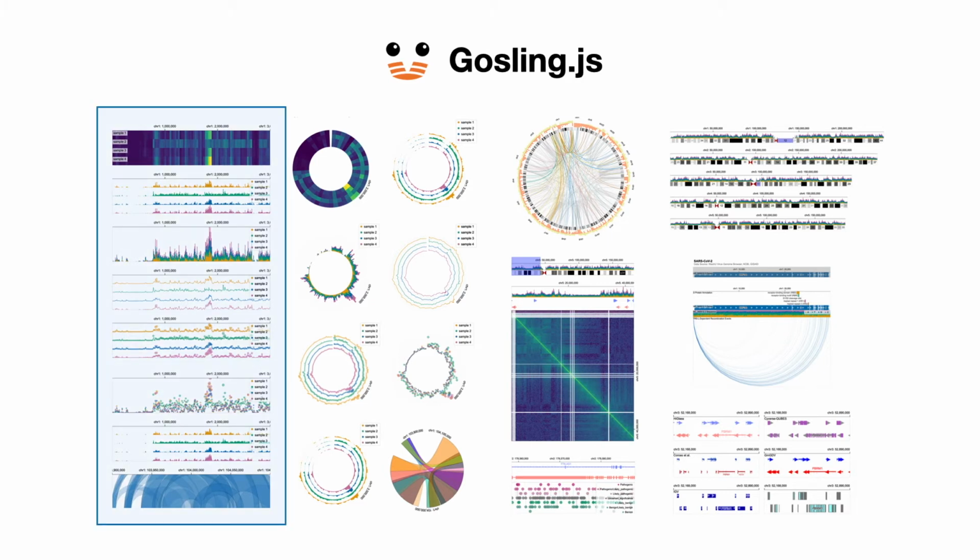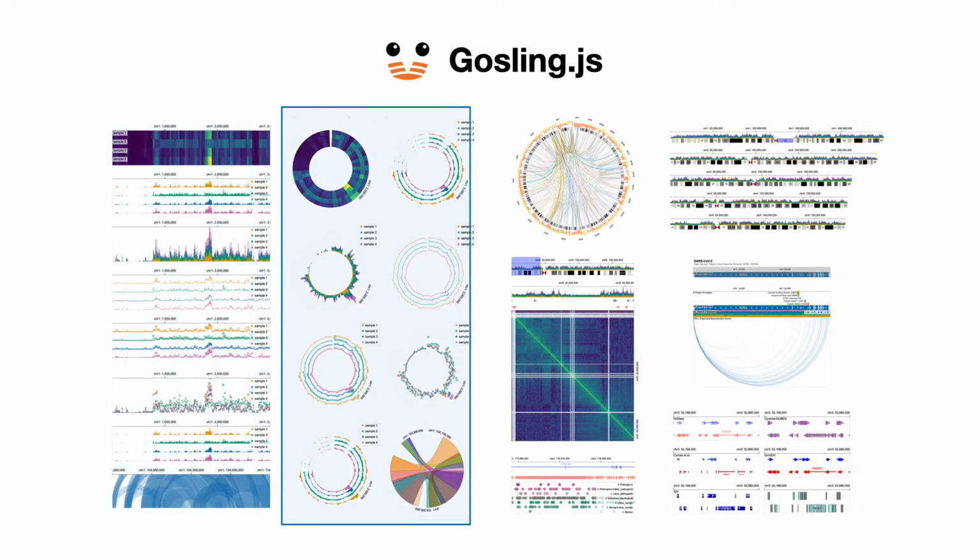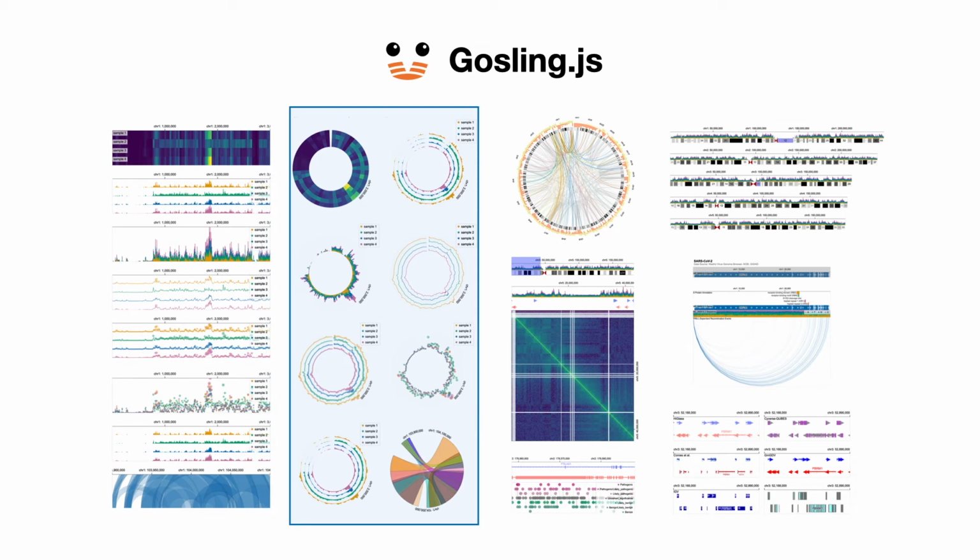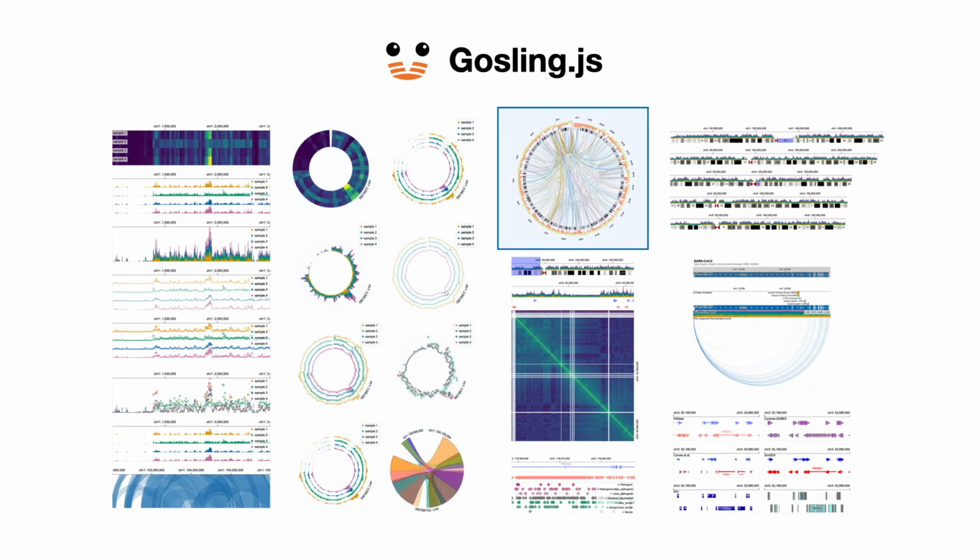Gosling enables creating diverse visualization types, including heat map, bar chart, line chart, scatter plot, and arc diagrams. And these visualizations can be easily converted into radial visualizations. This makes it easy to create a visualization like Circos.